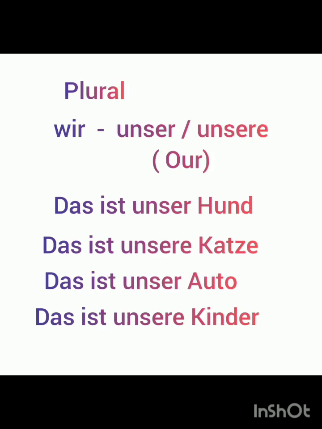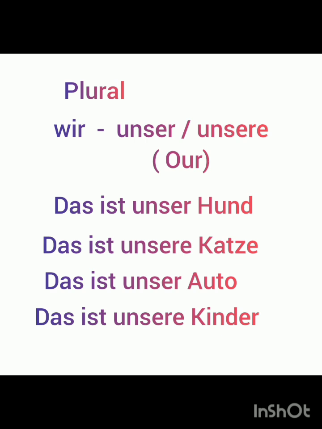Next, we are discussing possessive pronoun of some plural forms. Possessive pronoun of wir is unser or unsere, which means our. Examples: das ist unser Hund, das ist unsere Katze, das ist unser Auto, and finally das sind unsere Kinder.